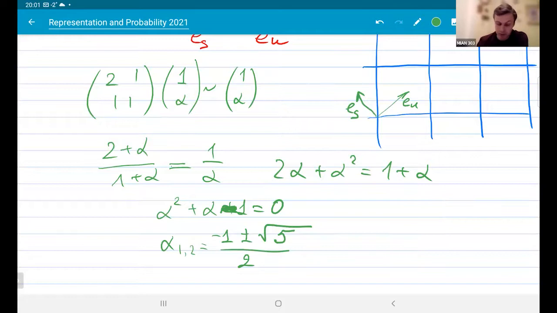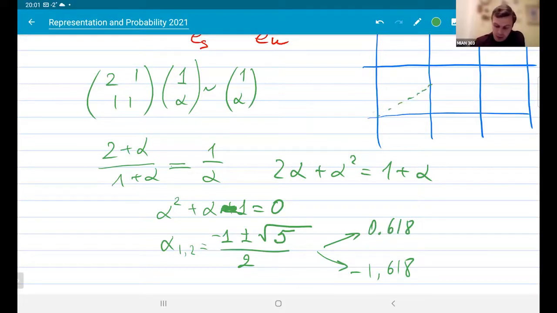If you take minus, it is minus 1.618, and here it is 0.618. So it is somewhat like here, and this is orthogonal.